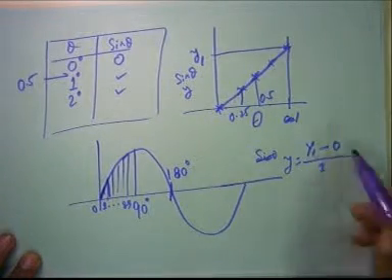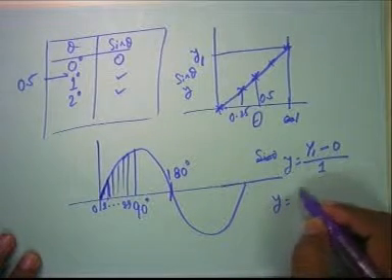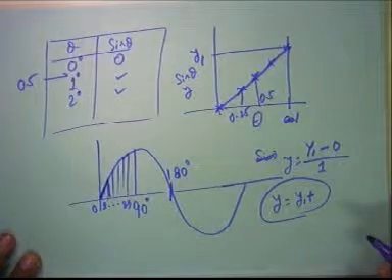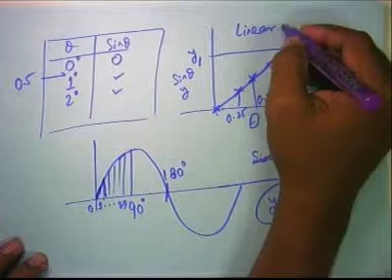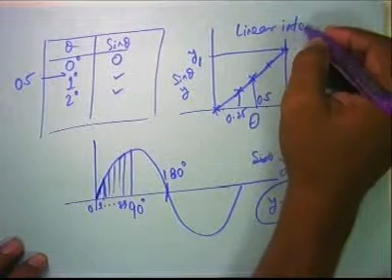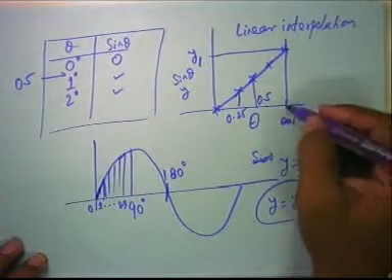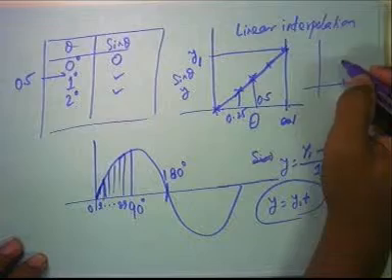So, then at any point of time, your function will be this y1 t, that is it. Okay. So, this is called linear interpolation.